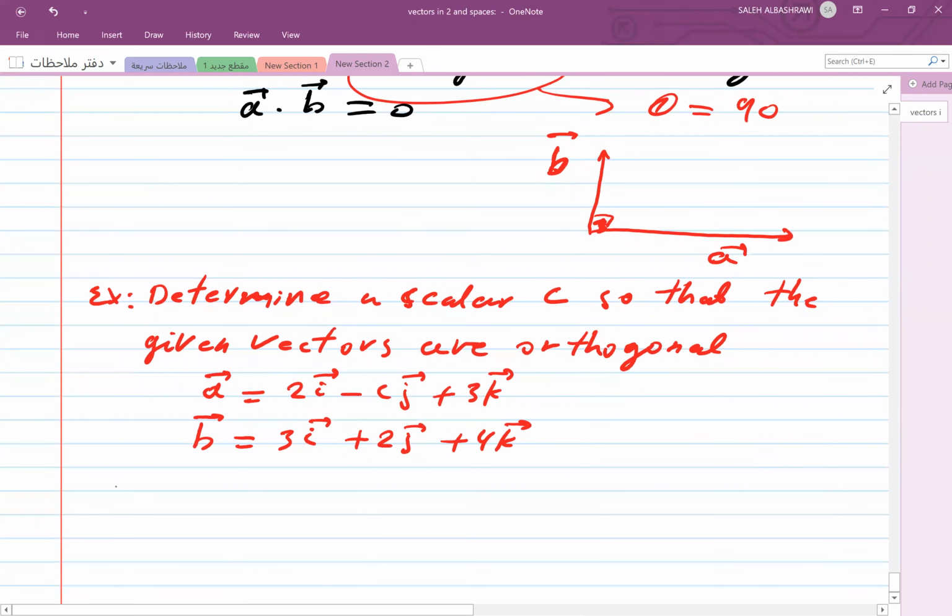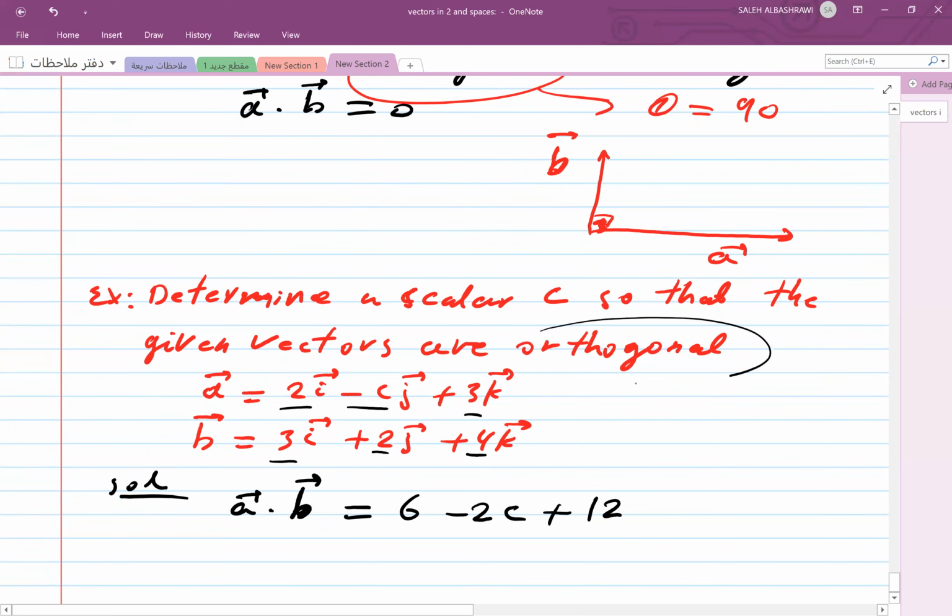So we need to find the dot product A dot B. Dot product, first component with the first component. This is 6, minus 2c, plus 3 multiplied by 4 is 12. And since these are orthogonal, this must be equal to 0.